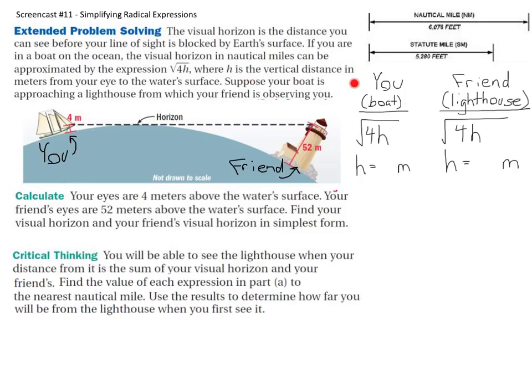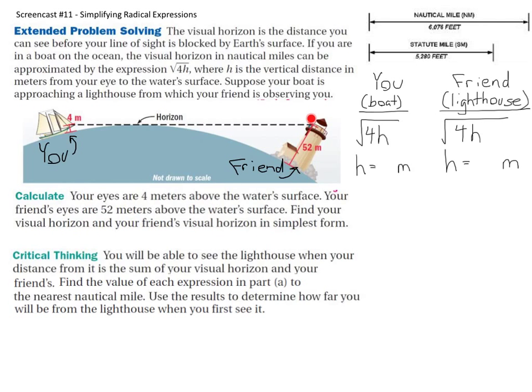Remember, h is the vertical distance in meters. All right, so let's see the information that they present to us. Your eyes are 4 meters above the water surface. So you standing in the boat right here means that you are 4 meters above the water's surface. So kind of a lower boat. Your friend's eyes are 52 meters above the water surface.